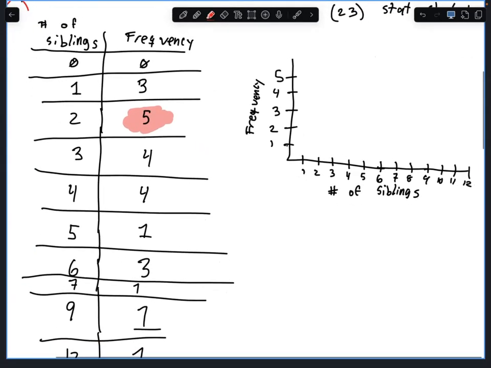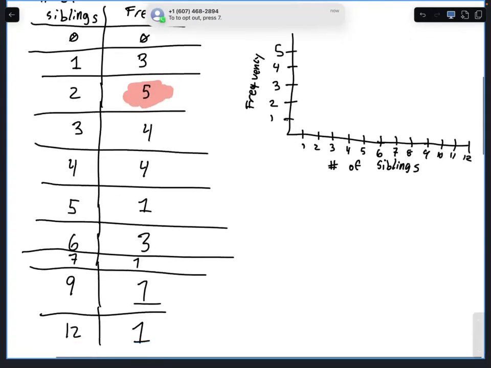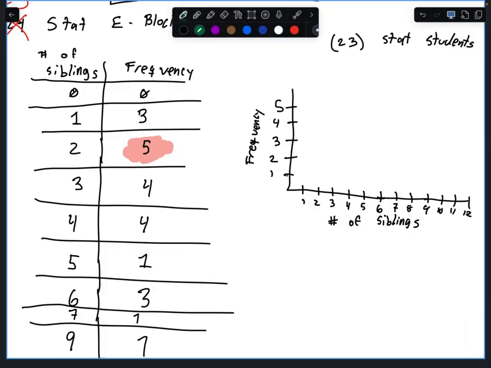So, how many students said 1? 3. So in my dot plot, now we use dots, you can always use something else. I'm going to go 1, 2, and 3.